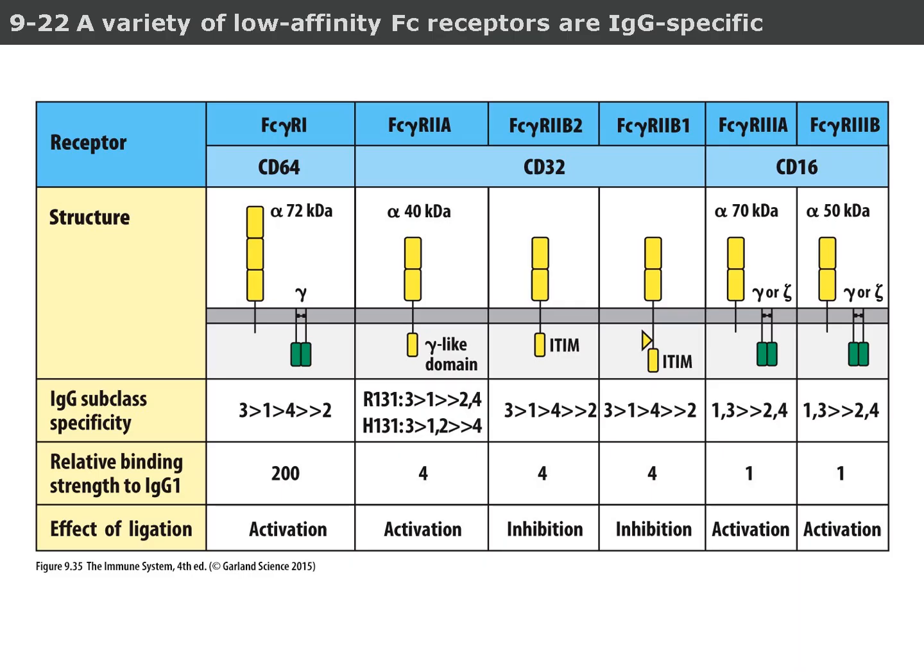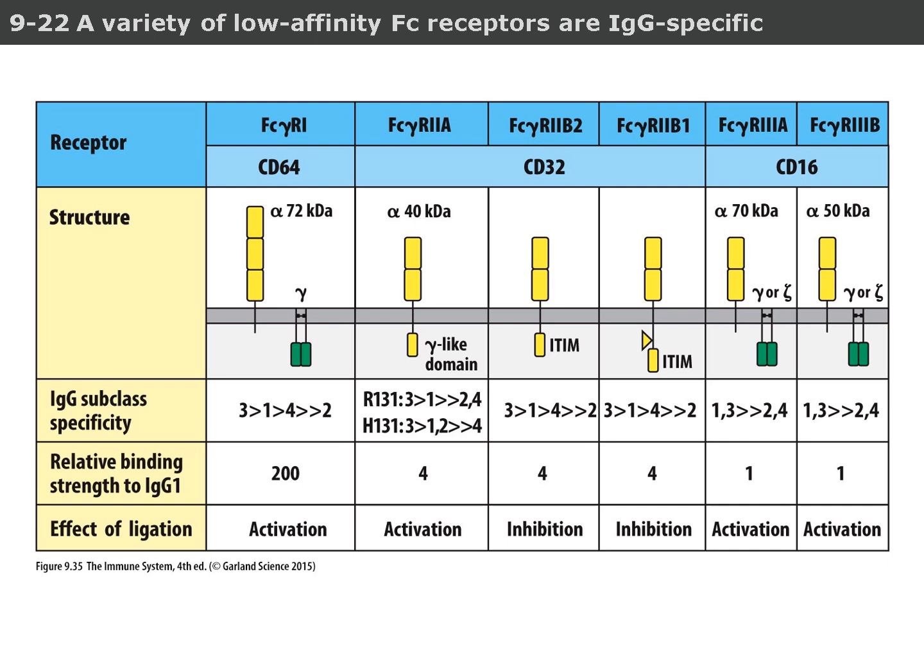This figure summarizes the major Fc gamma receptors that recognize IgE and regulate immune responses. On the top row, we see the receptor names: Fc gamma RI, Fc gamma RIIA, Fc gamma RIIB1 and 2, Fc gamma RIIIA, and Fc gamma RIIIB, also known by their CD markers like CD64, CD32, and CD16.